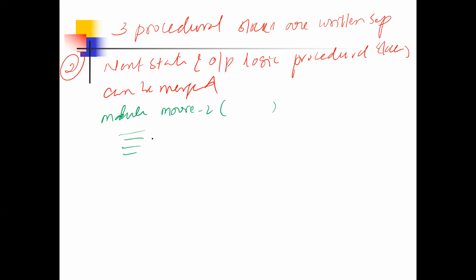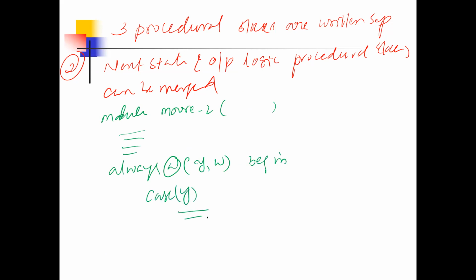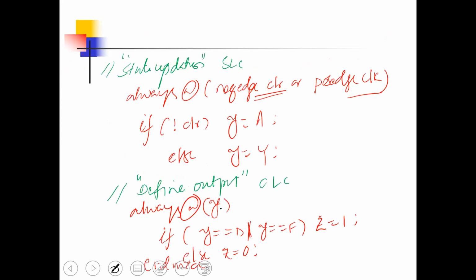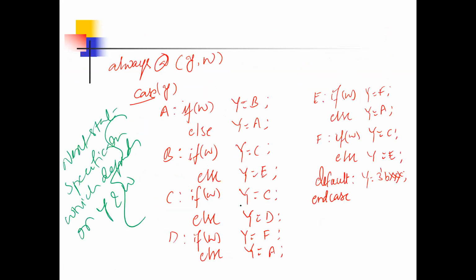Then you can start the always block as usual, always @ with what is inside the bracket, generally small y and w, y comma w. This is the first one. So begin, case y, small y. The remaining story after that case is already there. This is the same story you should write until default.